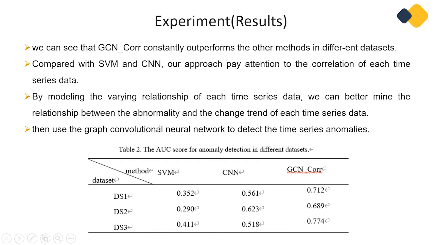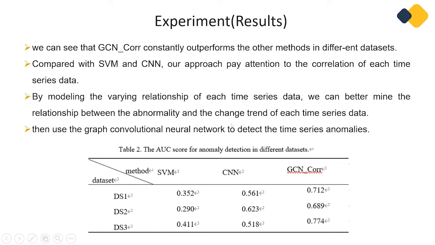If it does not belong to this class, then it is an anomaly. CNN, the baseline method, uses CNN to detect anomalies in time series data. The CNN has 4 layers in our paper.